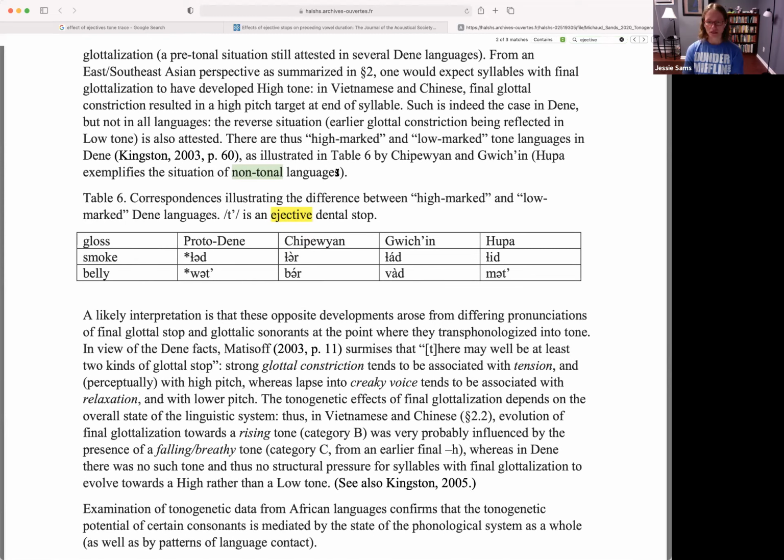Hmm. And so, I mean, this is also an ejective consonant as a coda. We were looking at them as onsets. And so apparently, obviously as a coda, it could go either way. But are you seeing this? This is unbelievable. This is the second time I've heard of this phenomenon.